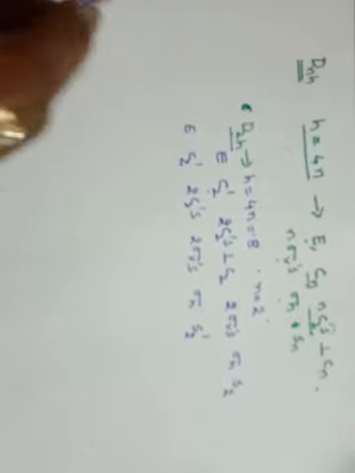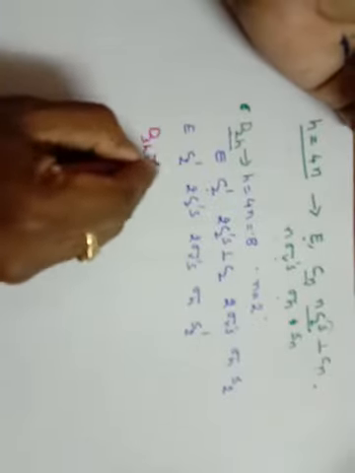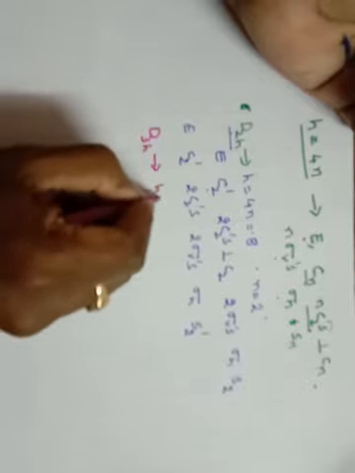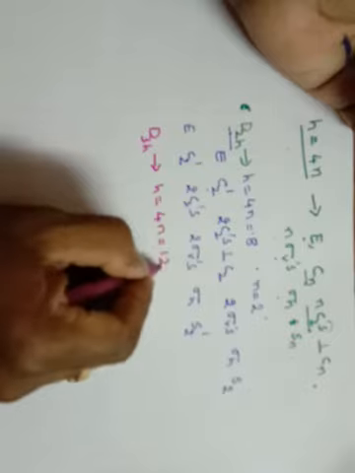Whereas if you go for the D3H point group, the order of this point group h is equal to 4n, that is equal to 12.